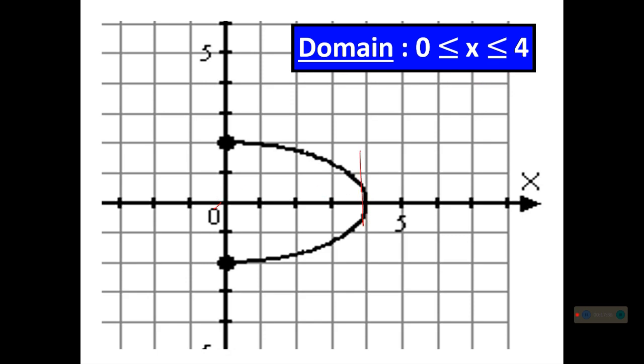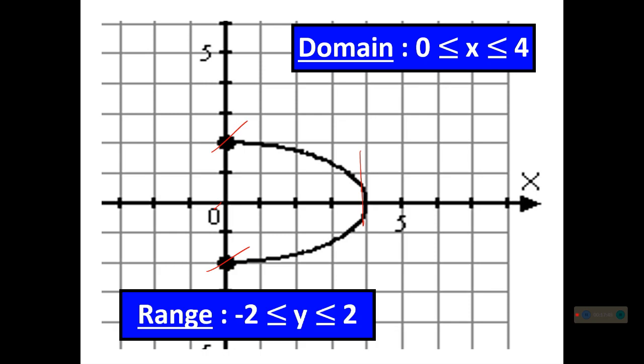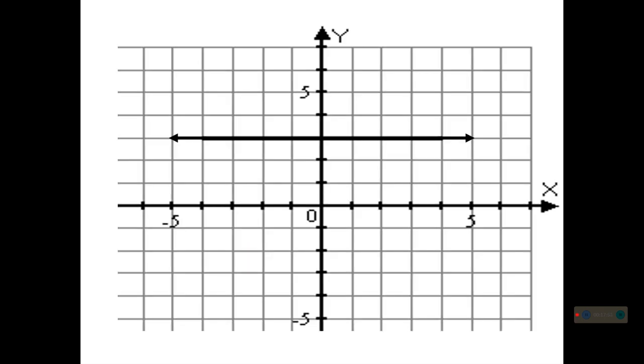Okay? And our y starts with this and ends with this. So from least to greatest. So we have the range, y is greater than or equal to -2 but less than or equal to 2. Okay? Question?